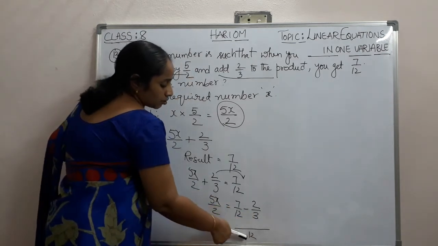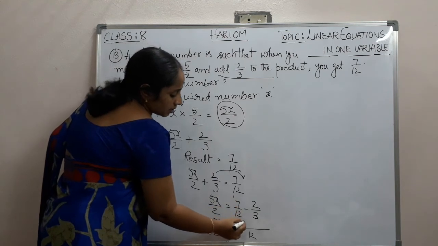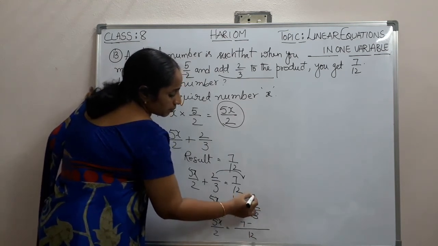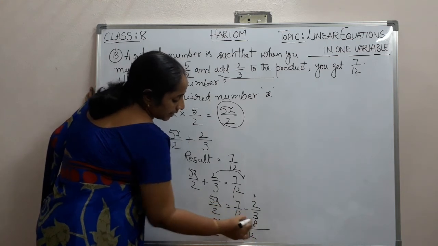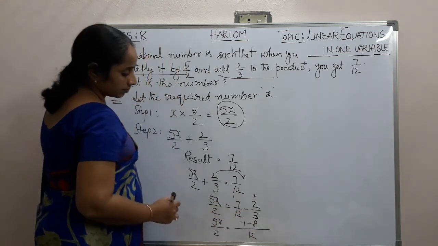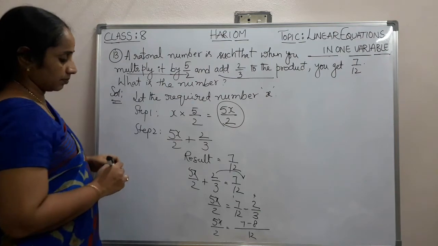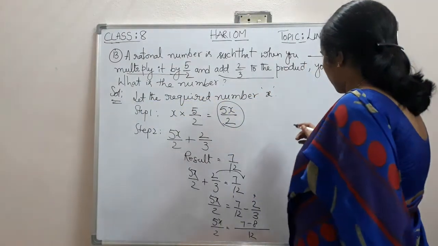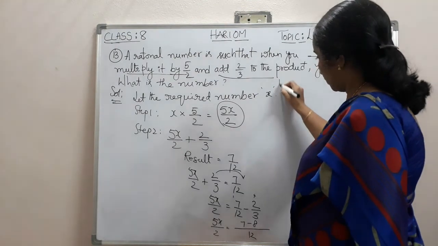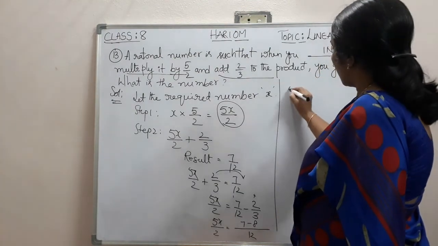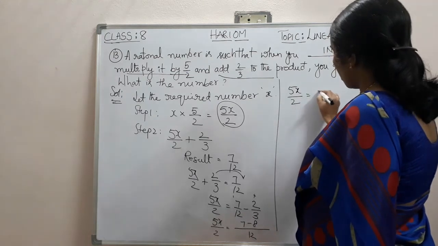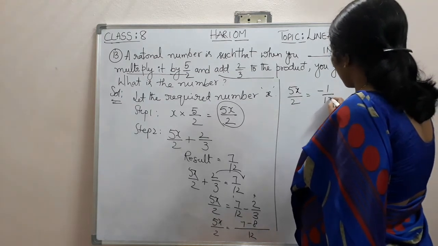In 12 table 12 is 1 time, 1 into 7 is 7. 3 table 12 is 4 times, 4 into 2 is 8. Now 5x by 2 is equal to minus 1 by 12.